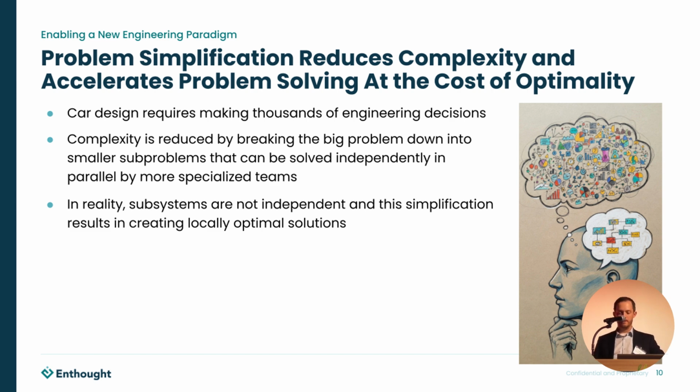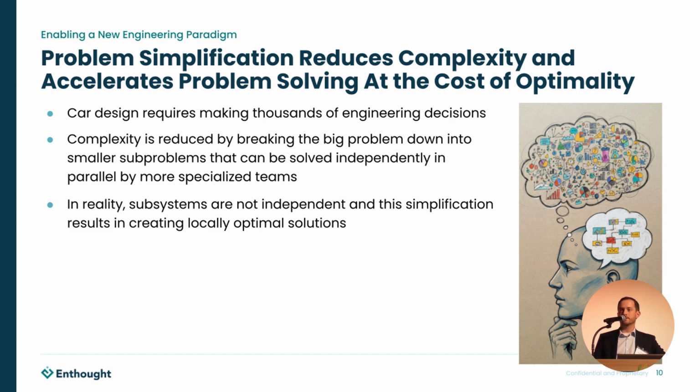However, in reality, many of these subsystems are actually not independent of each other. They're related. And so to create an optimized solution for each subproblem, we're ultimately creating a solution that's a local optimization, not a global optimal solution. Even with good communication and collaboration between subteams, the results are almost always not globally optimal.